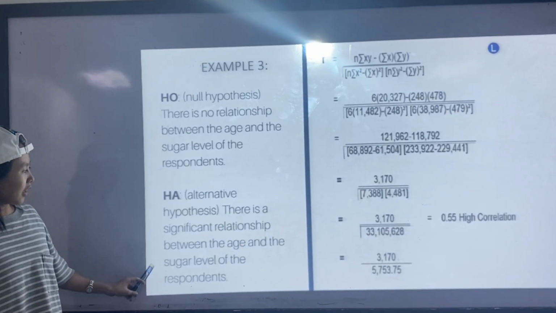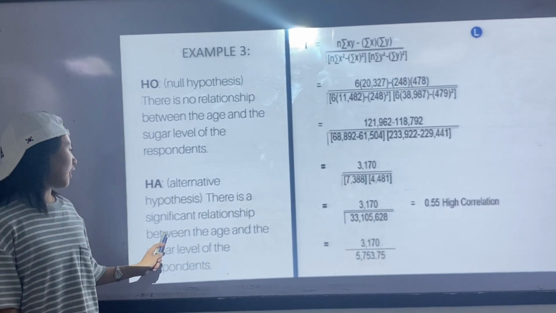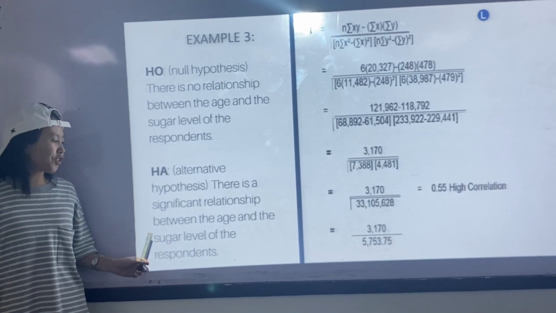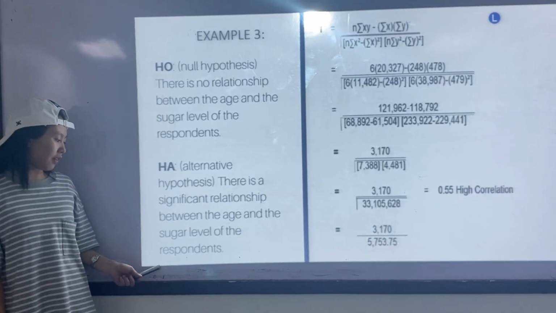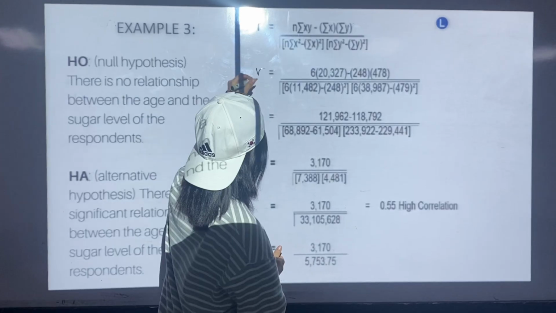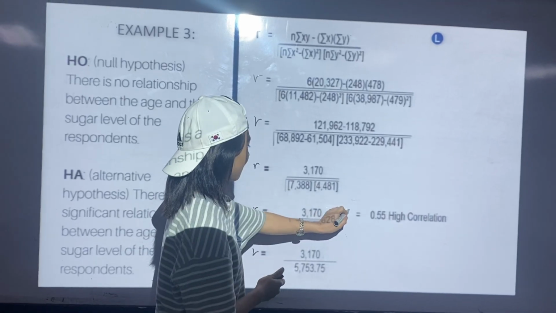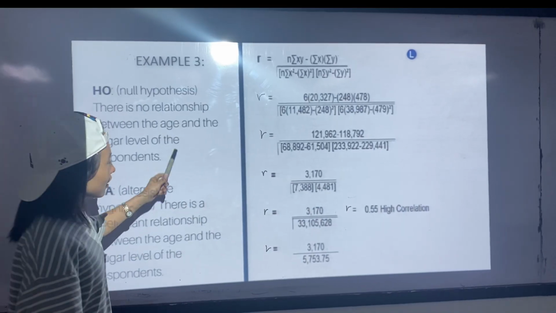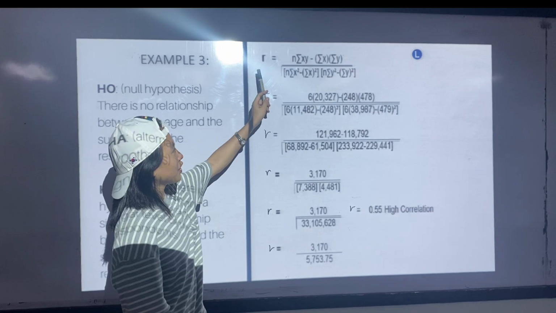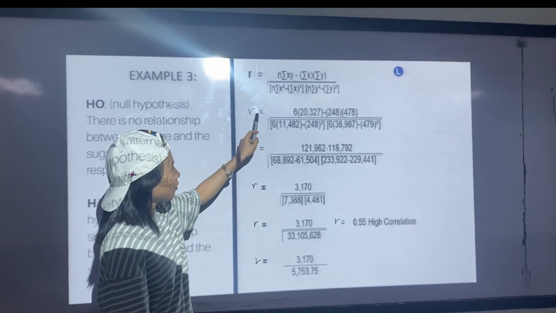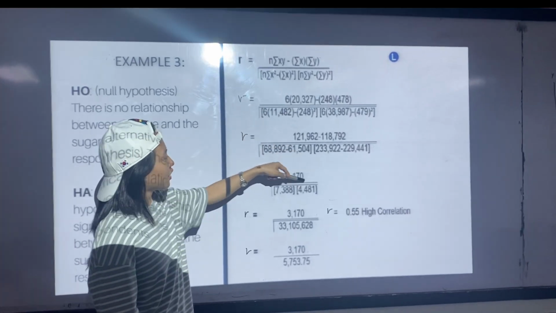And the alternative hypothesis: there is a significant relationship between the age and the sugar level of respondents. So, this is our formula, and just plug in all the data in this formula.